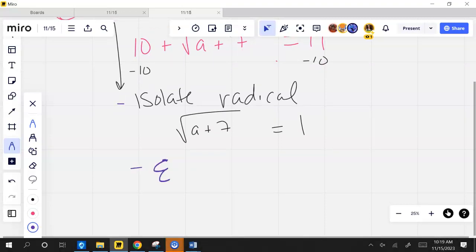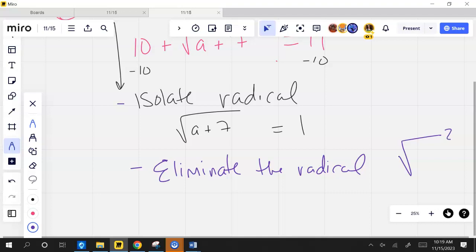I'm going to eliminate the radical. How in the world do I eliminate a radical? What gets rid of this? Give me another way. I think you're saying it wrong, but you're thinking right. Square it.